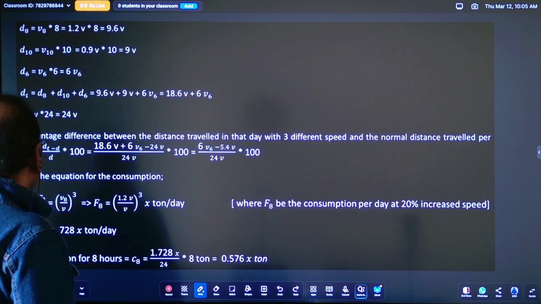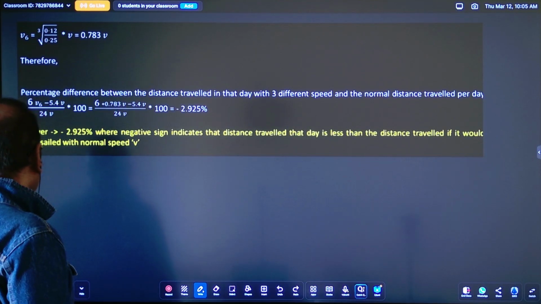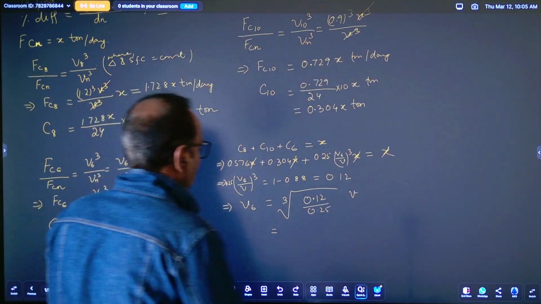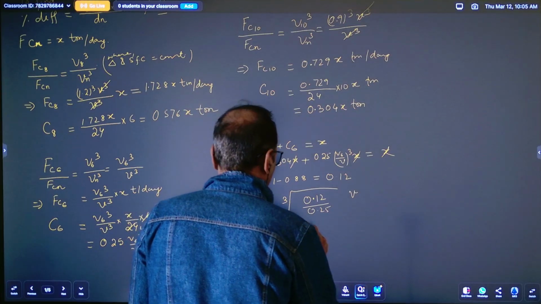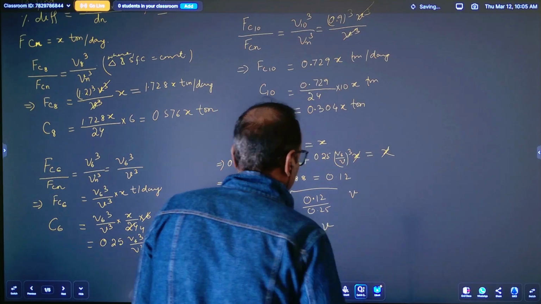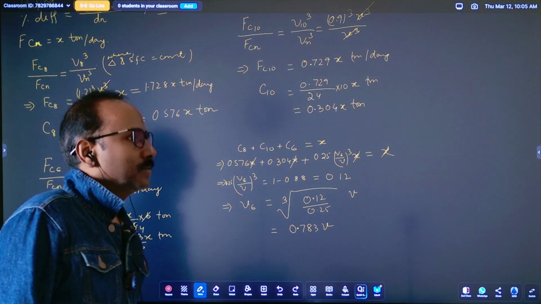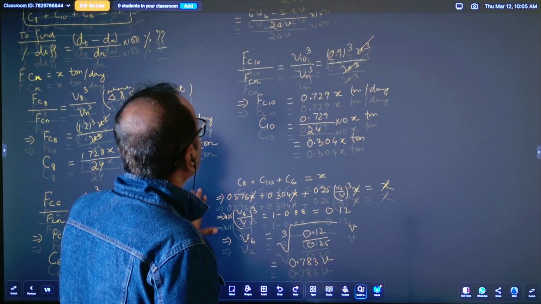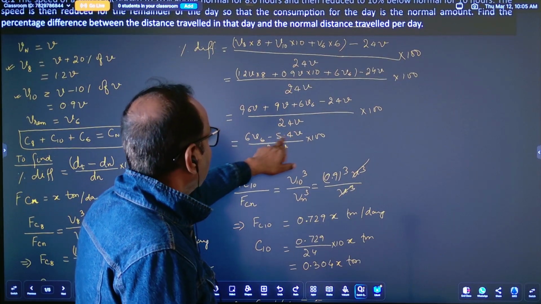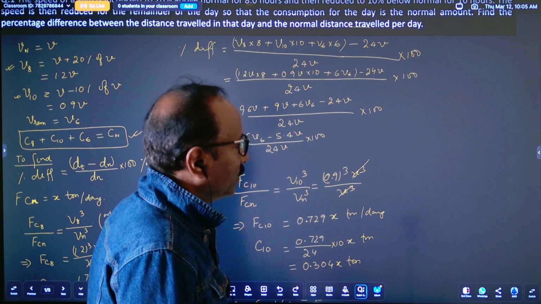So the value of this is 0.783 V. So V6 you got in terms of V, and that is what we wanted to find. Because if we get V6 in terms of V, we can easily cancel out V.